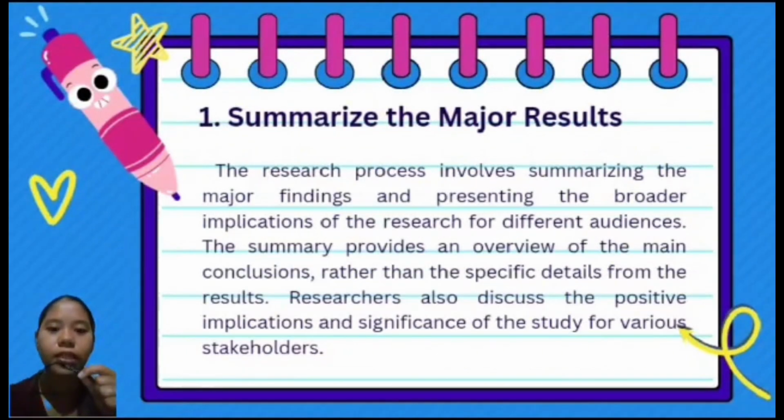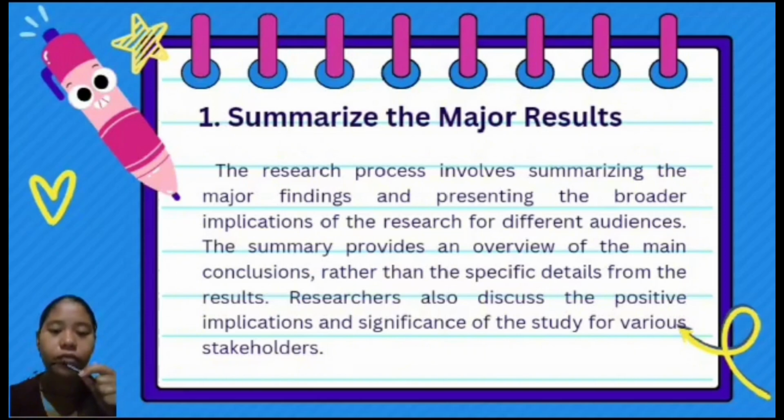This only means that the research process involves summarizing major findings and presenting broader implications for different audiences, discussing the study's positive implications and significance for various stakeholders. So it is important for the researchers to summarize the main results to make the key points clear and easy to understand.